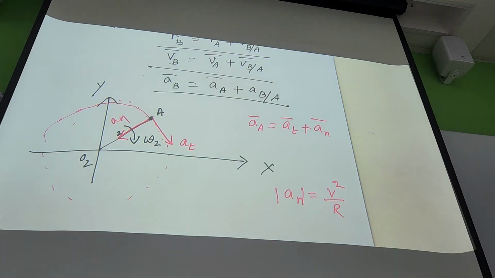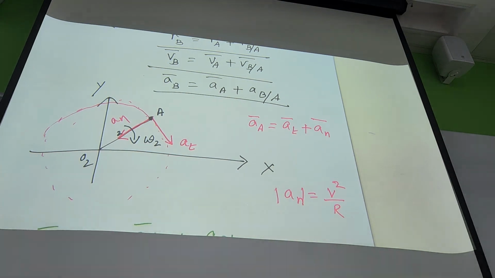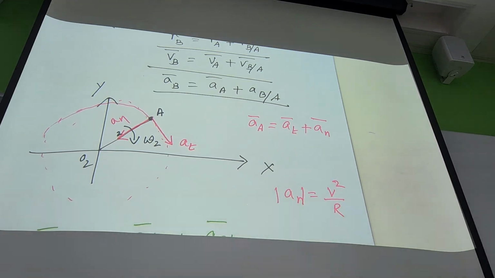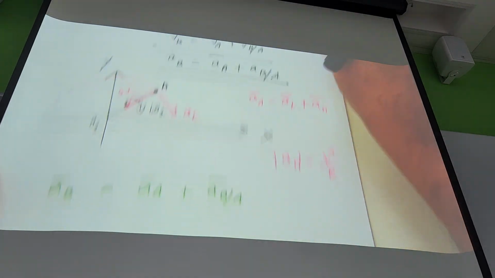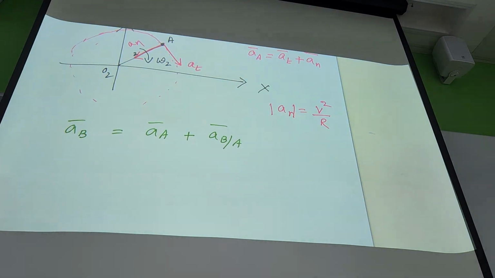Okay, so now the formula which we have written: acceleration of B is equal to acceleration of A plus acceleration of B to A. Now when we apply this, acceleration of B has both tangential component and normal component.